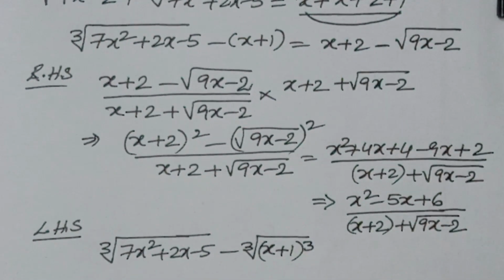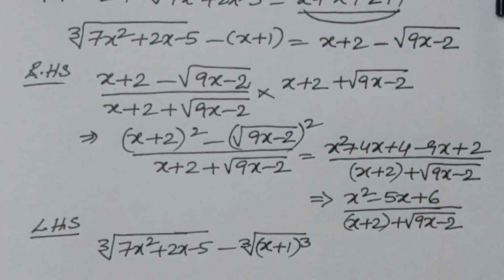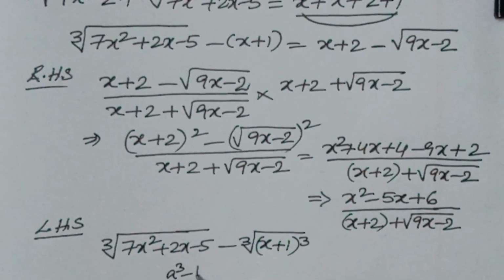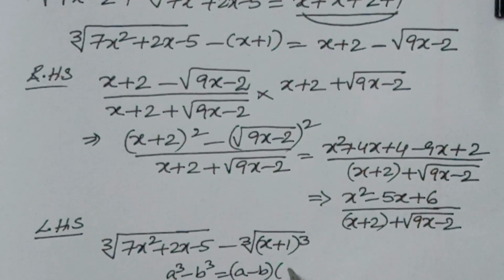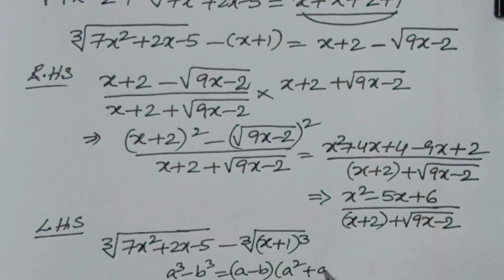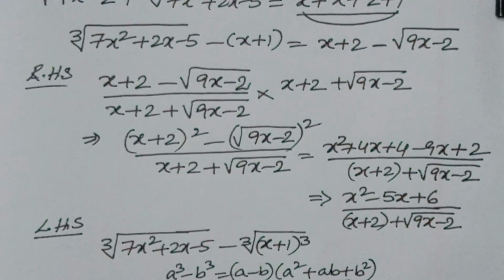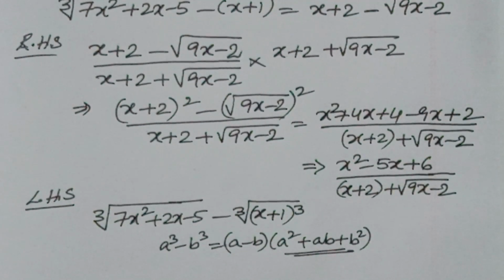So here we are having two values. If you take a cube minus b cube is equal to a minus b into a square plus ab plus b square, with this value you have to multiply the numerator and denominator.